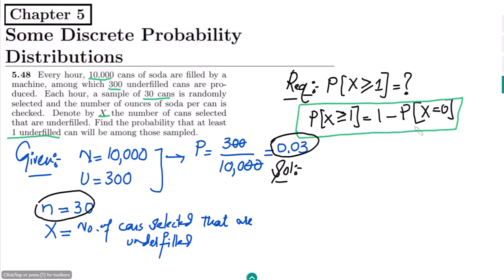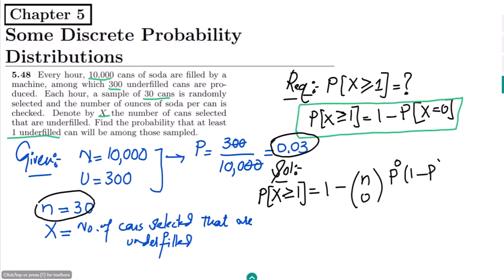So P of X greater than or equal to 1 is 1 minus the probability of X equal to 0. This can be written as n choose 0, p raised to power 0, times 1 minus p raised to power n minus 0.